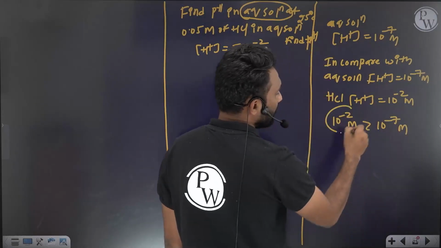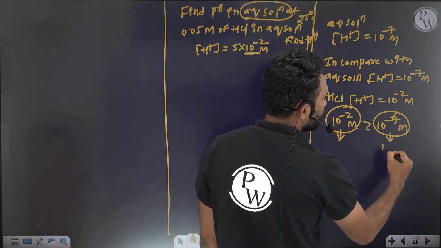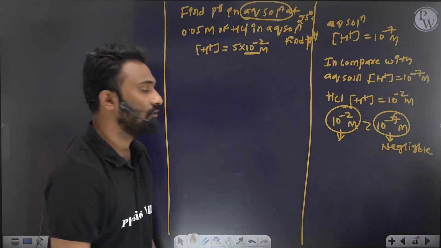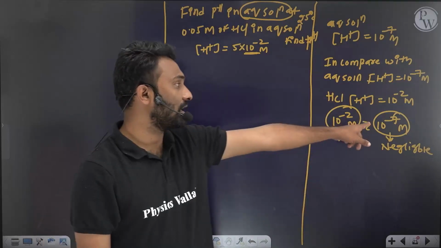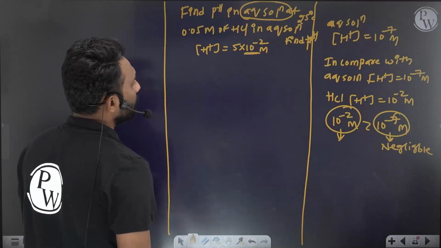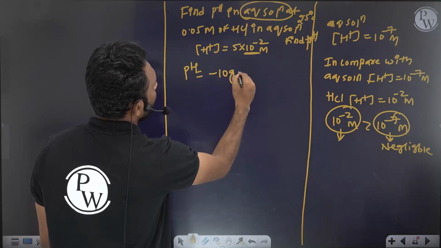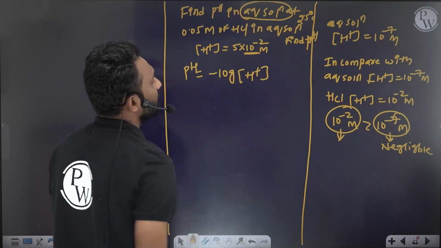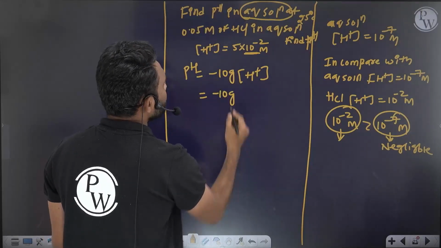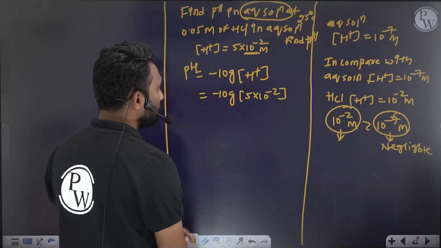In comparison with 10 to the power minus 2 molar, 10 to the power minus 7 molar is negligible. So we are not taking that H plus ion concentration. Here pH is equal to minus log of H plus ion concentration, right? H plus ion concentration is 5 into 10 to the power minus 2, so minus log of that.